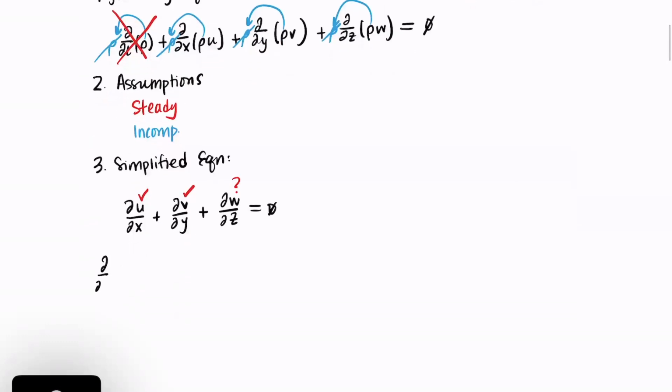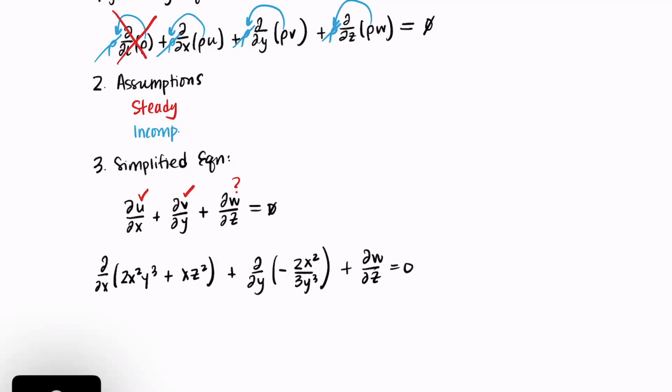All right, so we've got partial x of u, which is 2x squared y cubed plus xz squared, plus the y derivative of the y component of velocity, which is minus 2x squared over 3y cubed, plus partial w partial z is equal to 0.